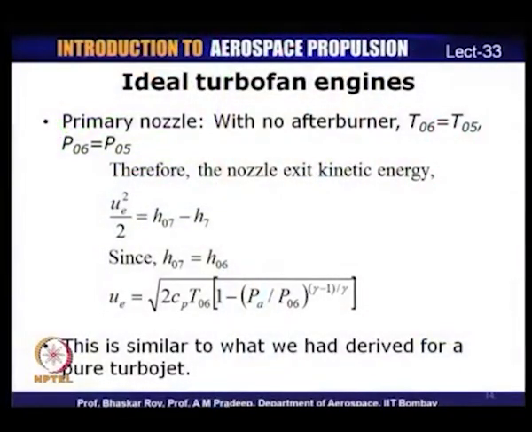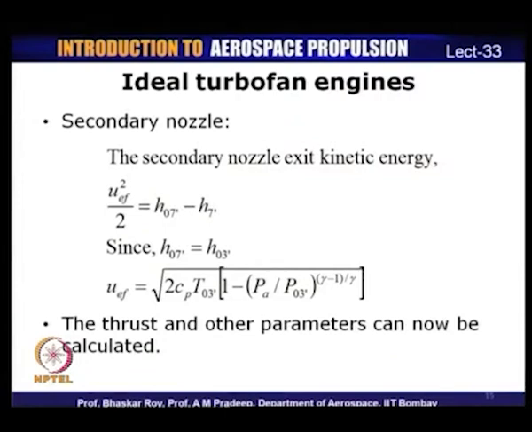So, at the nozzle entry, if we do not have any afterburner, we have T06 equal to T05 and P06 equal to P05. So, the nozzle exit velocity UE, which is the same as we did for the turbojet, is equal to the square root of 2 Cp T06 into 1 minus Pa by P06 raised to gamma minus 1 by gamma. So, this is the exhaust velocity from the primary nozzle.